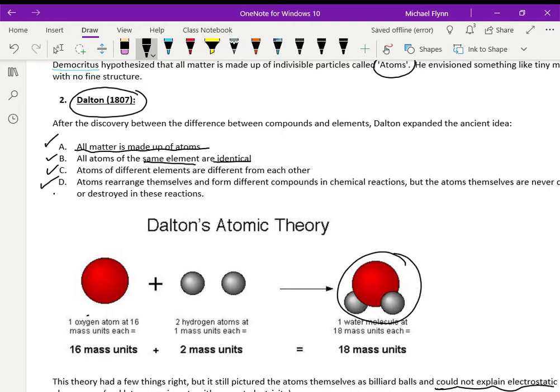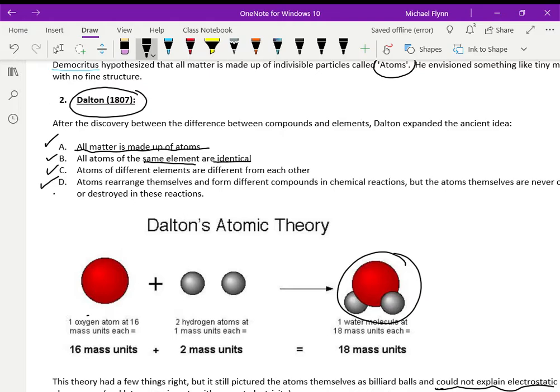They kind of look like billiard balls, just like how Democritus might have described them. But the deal is, they do react, okay? Now, he couldn't really explain why they would do this. In other words, for Dalton, he didn't have a good explanation. That's part of the problem, okay?